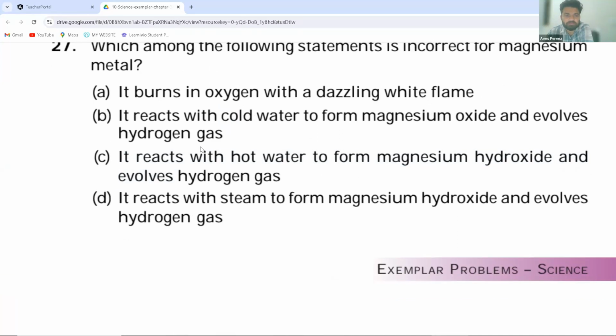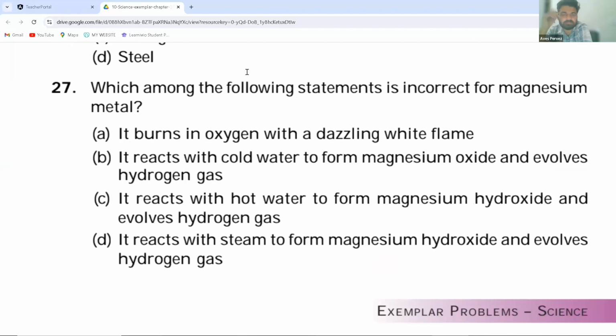Question number 27. Which one of the statements is incorrect for this?